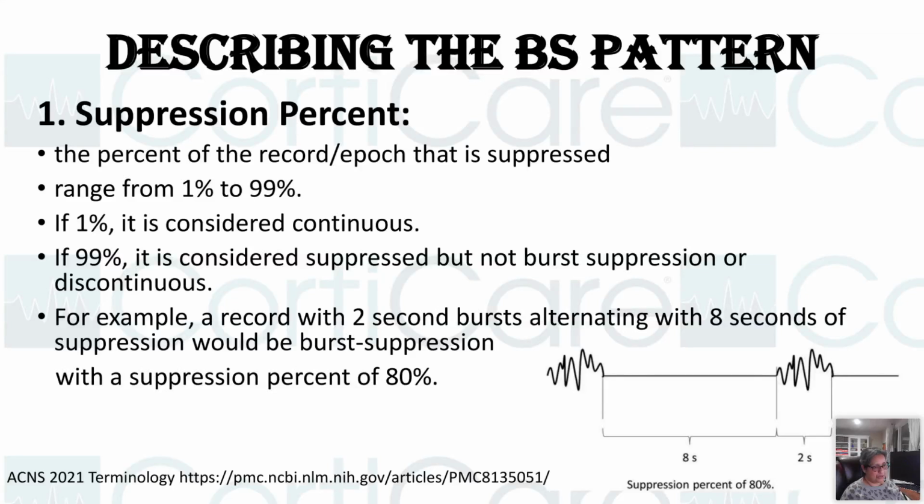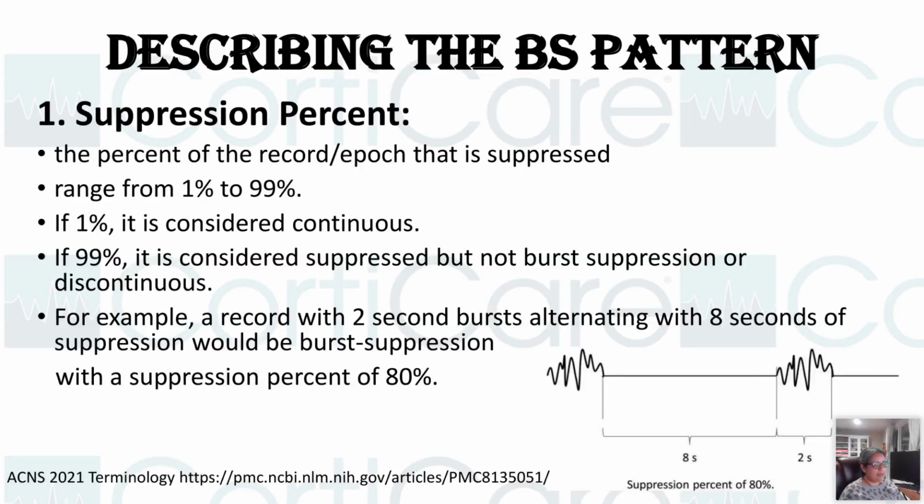That's what we report. 80% suppressed. We want 90% suppressed. If there is only 1% of suppression in an epoch, it's not suppressed, right? It is a continuous background. If it is 99% suppressed, it is again not burst suppression. It is a complete suppression of the background.